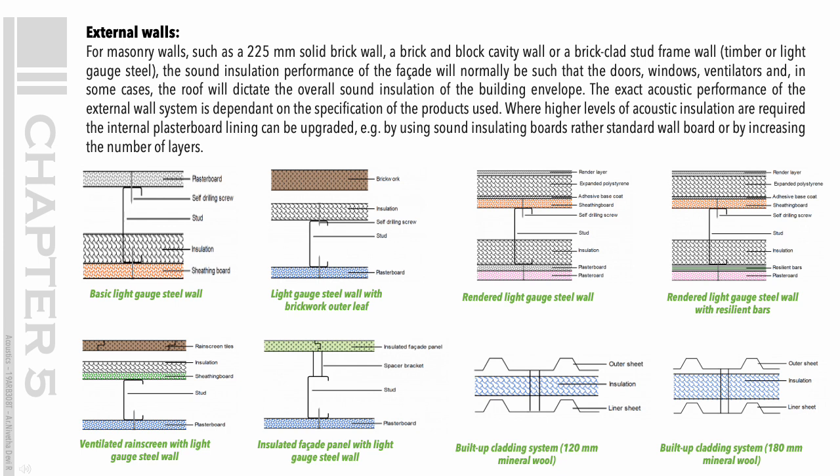The exact acoustic performance of the external wall system is dependent on the specification of the products used. Where higher levels of acoustic insulation are required, the internal plasterboard lining can be upgraded, for example, by using sound insulating boards rather than standard wall board or by increasing the number of layers.